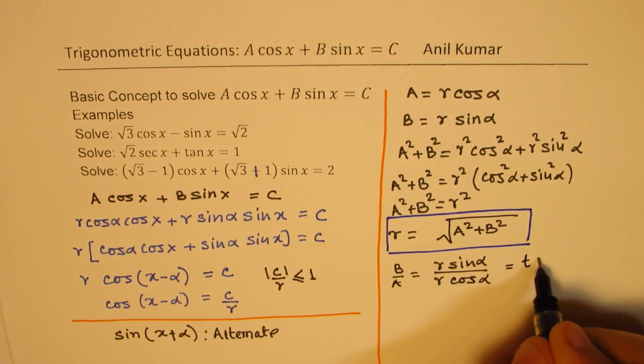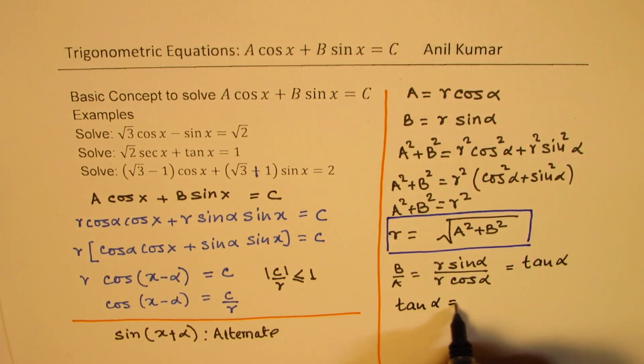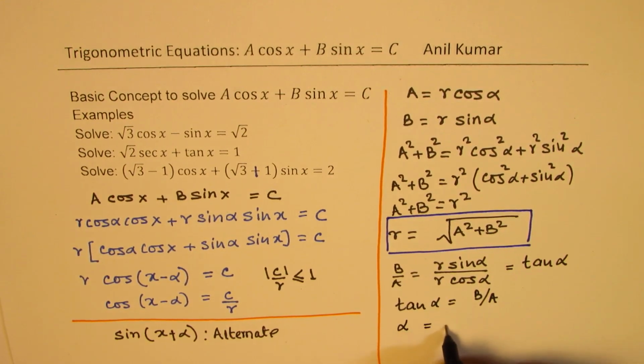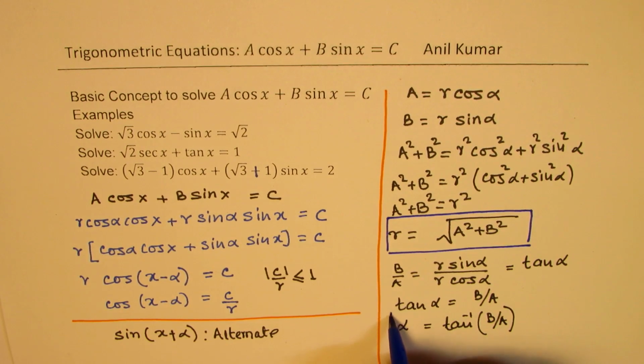Which is tan alpha. So we get that tan alpha is equal to b over a, or you can say alpha is tan inverse of b over a. Does that make sense to you? So we do get the value of alpha also.